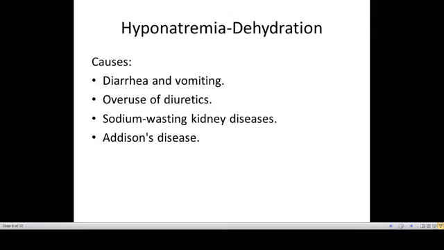The causes of hyponatremia of the dehydration type include diarrhea and vomiting, overuse of diuretics, sodium wasting kidney diseases, and Addison's disease.